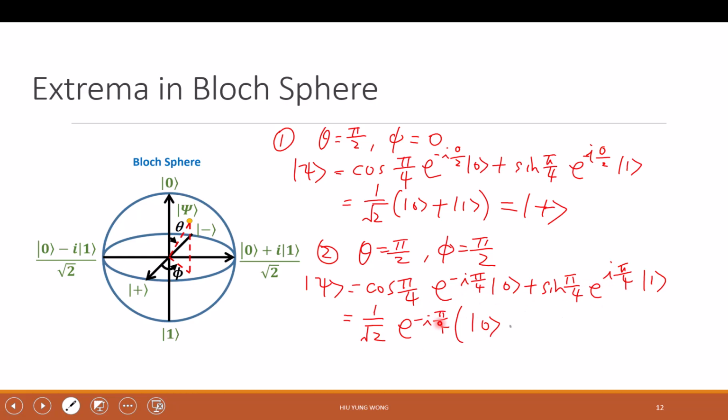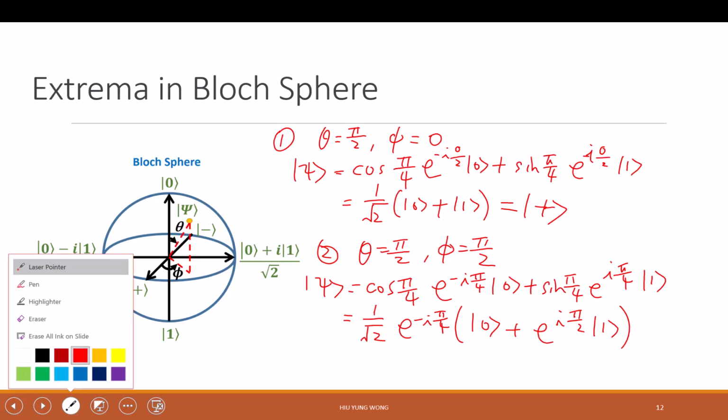But now I take out this whole thing, I will need to just make sure that you will go back to i pi over 4. I need to make this i pi over 2, right? So that i pi over 2 minus i pi over 4 will give me i pi over 4. Right? Pi over 4 is equal to pi over 2 minus pi over 4. Right? And then you just do some math.